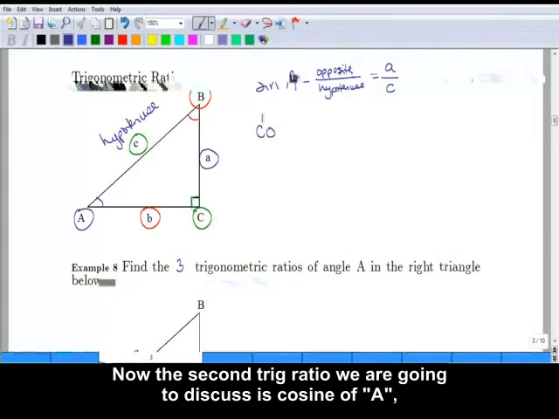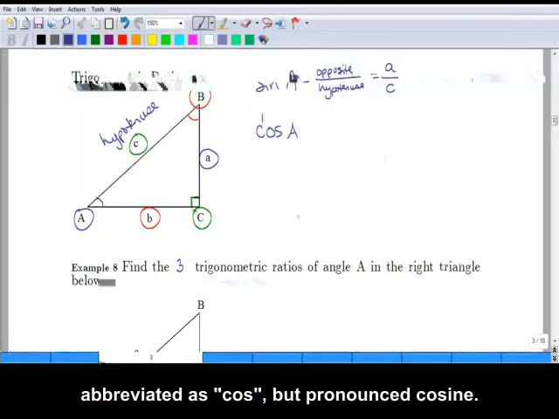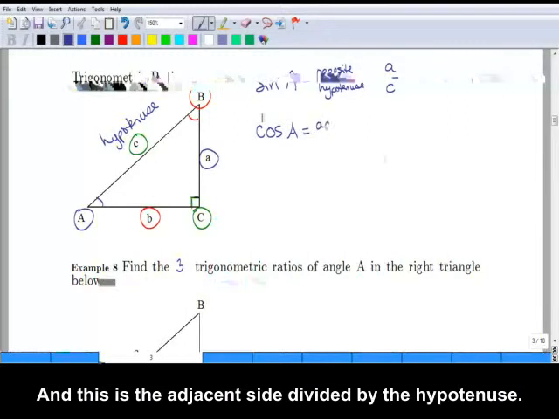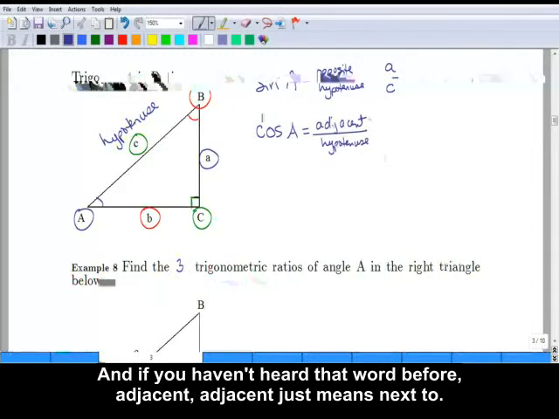Now, the second trig ratio we are going to discuss is cosine of A, abbreviated as cos, but pronounced cosine. And this is the adjacent side divided by the hypotenuse. If you haven't heard that word before, adjacent just means next to.